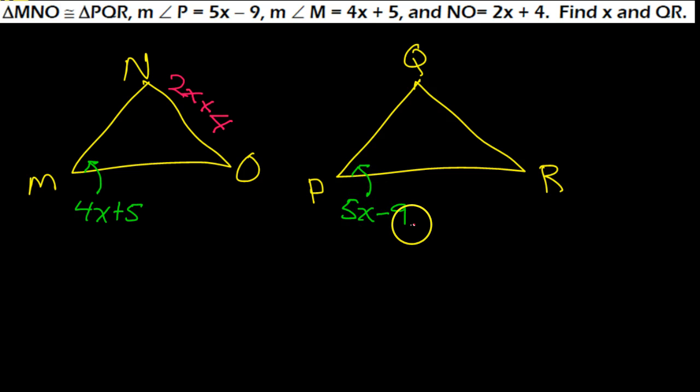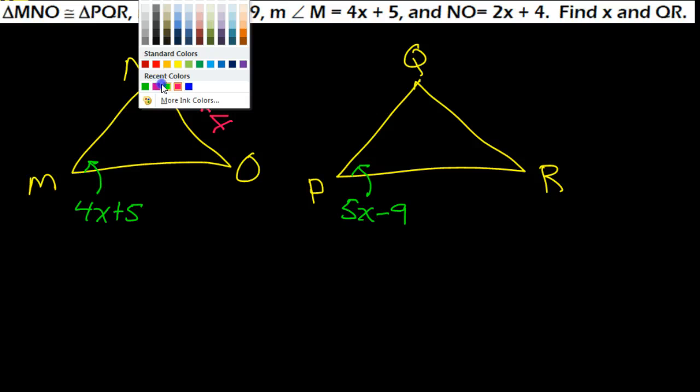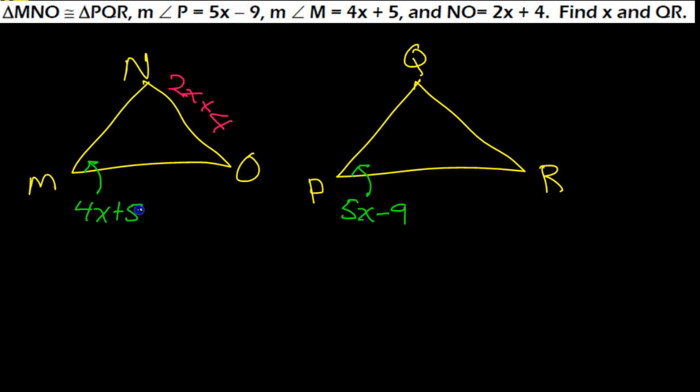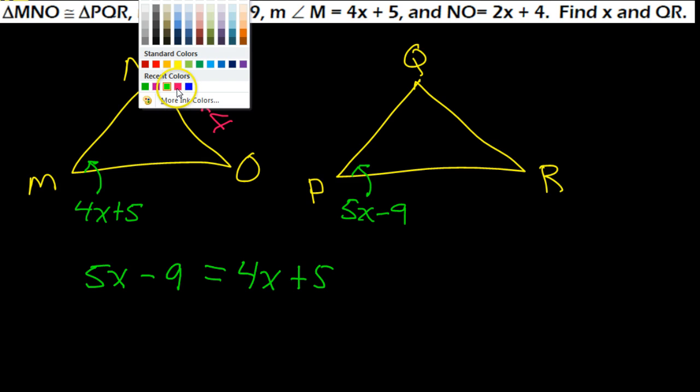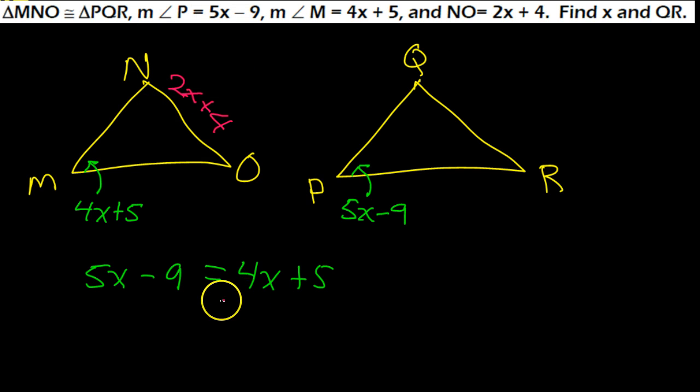Okay, well, let's find x first. So these two angles should be congruent because they're corresponding parts. So that means that 5x minus 9 should equal 4x plus 5. Okay, so let's subtract 4x from both sides.